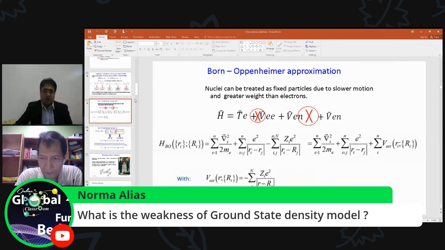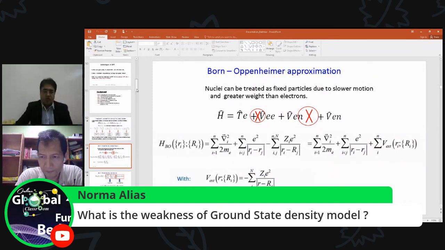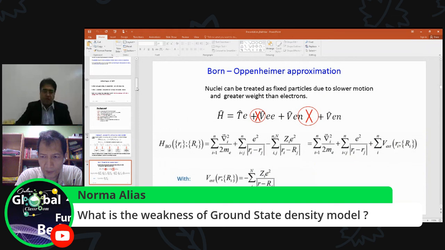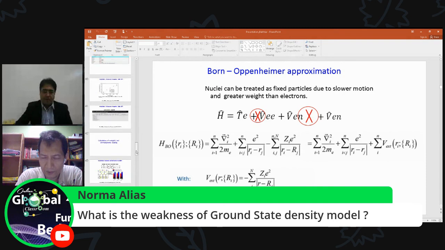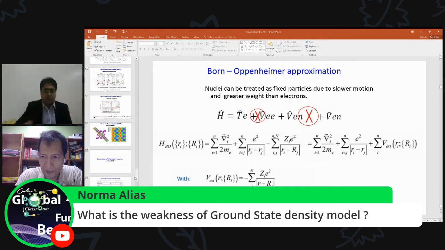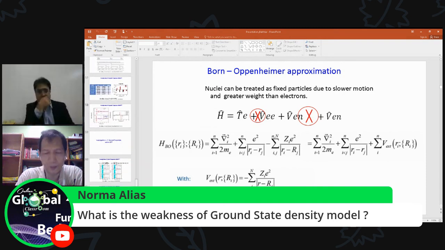Okay, next question. Based on your experience, in order to carry out calculations using DFT, what comes first? Fully understanding the fundamentals, or trying to run the calculation first?